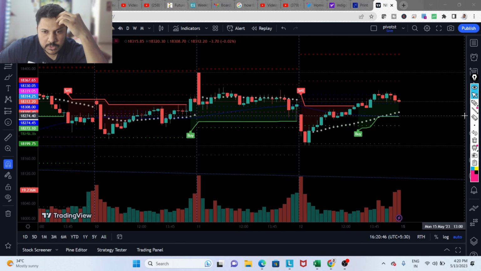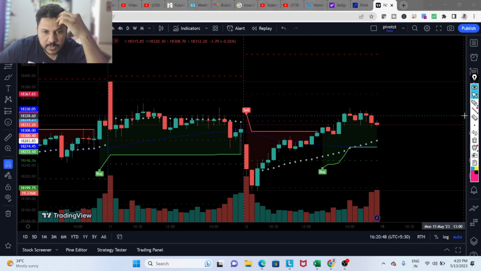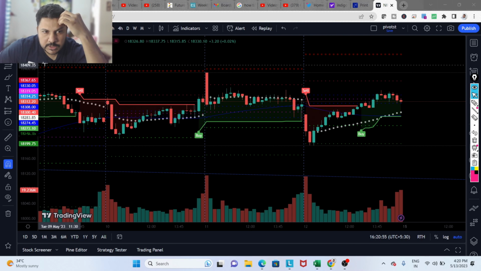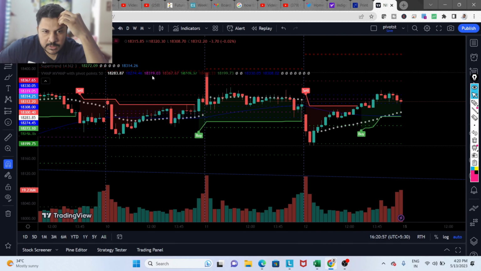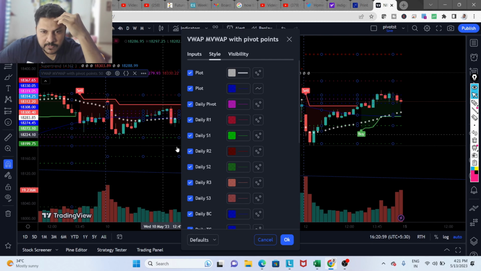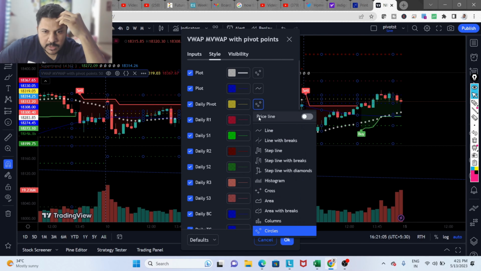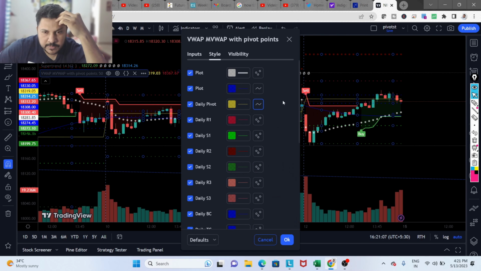So if you really want to use this on intraday time frame, you have to actually look at this central pivot range. Let's change the color for this so that it's more visible and standing out. So this I will try to make it a yellow color. See? So I'll put a yellow line.